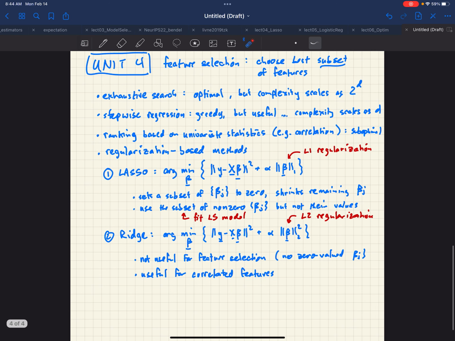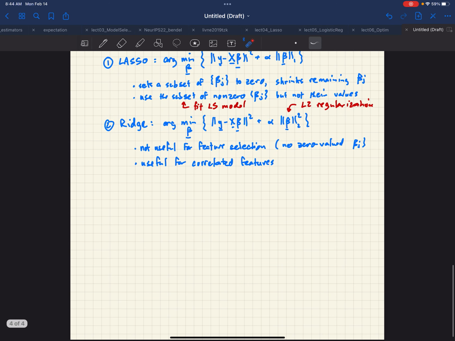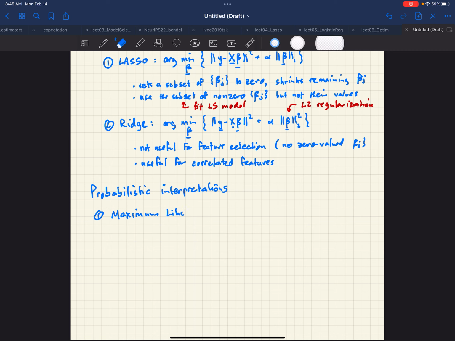And then the last thing we talked about was the maximum likelihood, or we'll say the probabilistic interpretations. So the first was maximum likelihood.